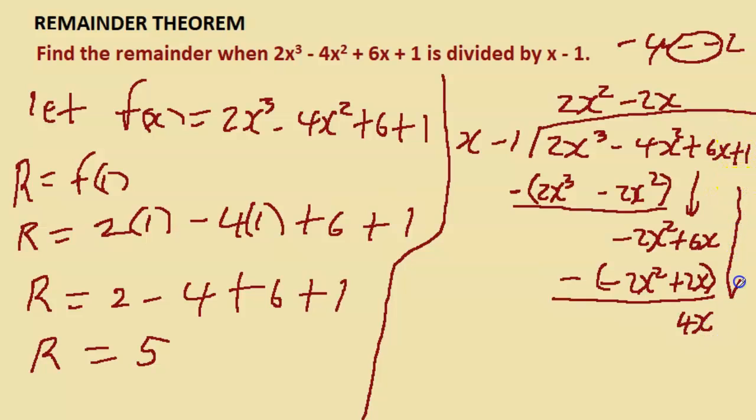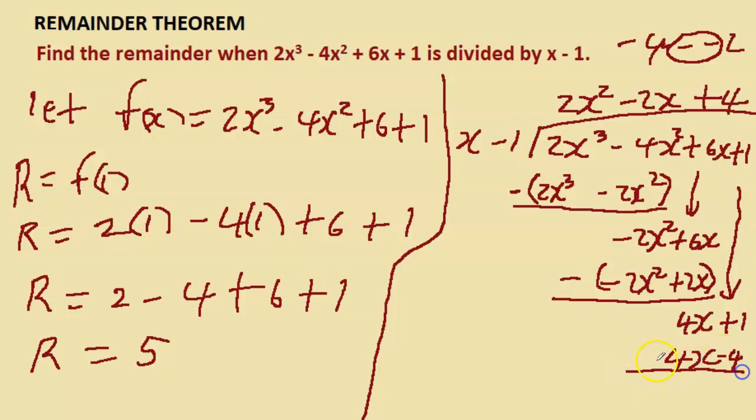Let me skip down here. So now we say x into 4x, that's positive 4. And so we have 4 times each of these terms. So 4 times the x, that's 4x. And 4 times minus 1, that's minus 4.